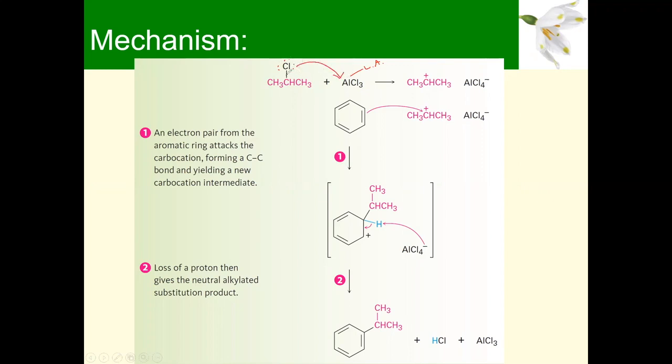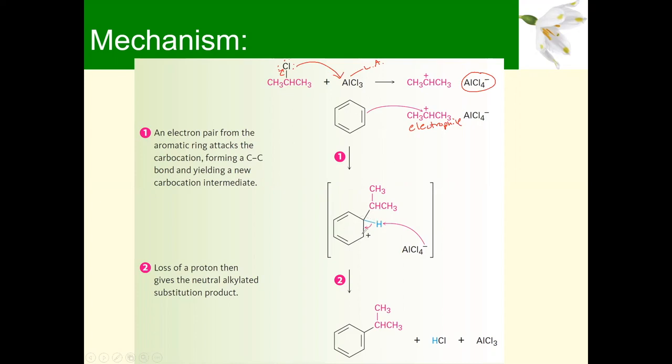So in the process, the bond between the carbon and the chlorine dumps the electrons onto the chlorine. It makes it a chloride, and that's where you get the AlCl4 minus. But then you get the carbocation, which acts as your electrophile. Then it's the same mechanism. It reacts with the ring.